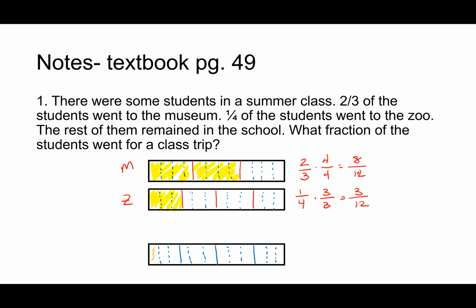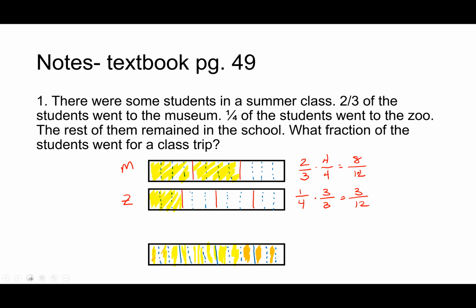So let's shade in the first, oops, I want a highlighter on this one. Let's shade in our first 8 units for the museum. And then we're gonna shade in our next 3 that went to the zoo.